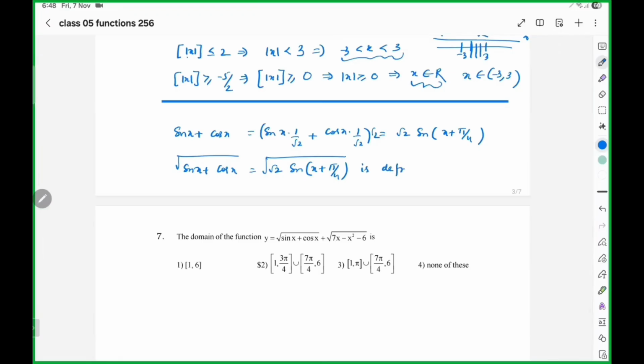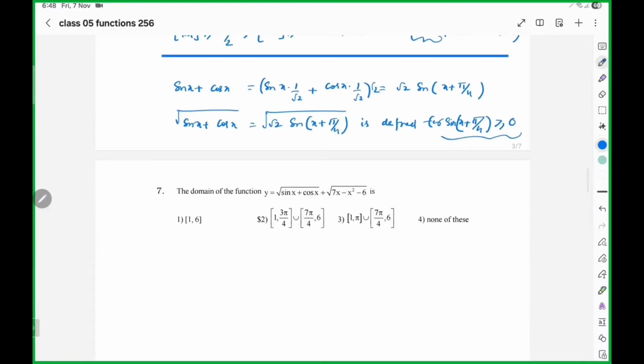The root is defined for sin(x plus pi by 4) greater than or equal to 0. Right. So if you solve it, we have one set of x values, and the second function, 7x minus x square minus 6, is defined for greater than or equal to 0.